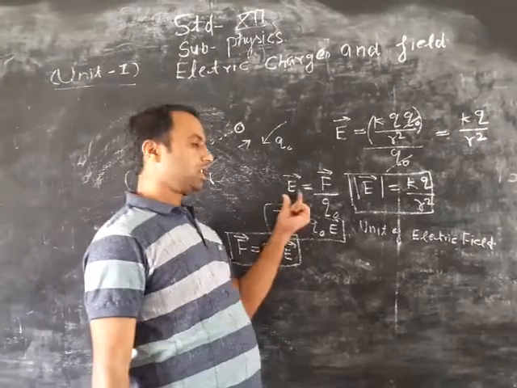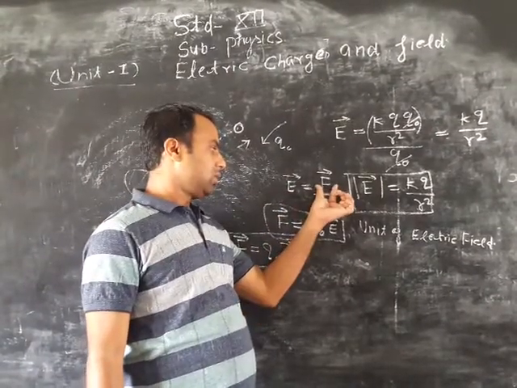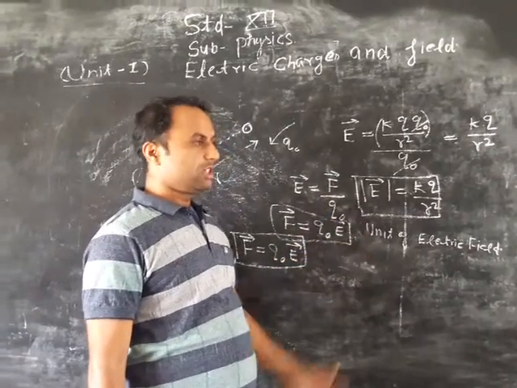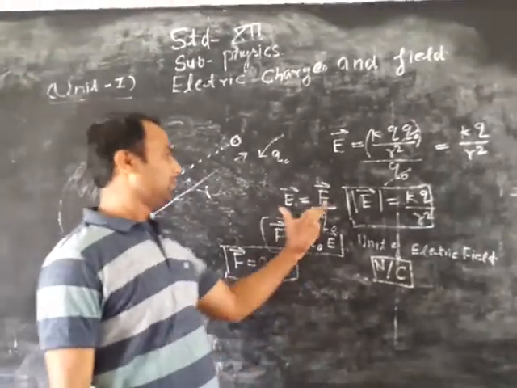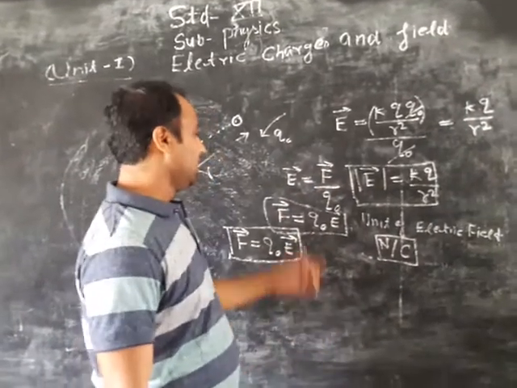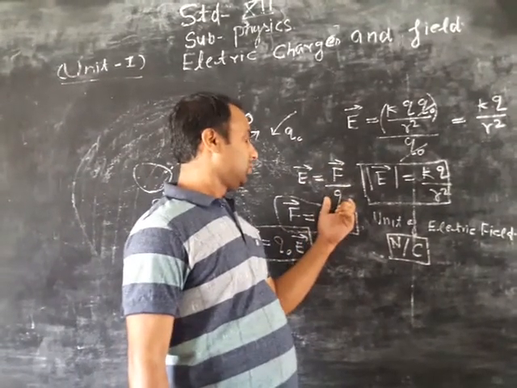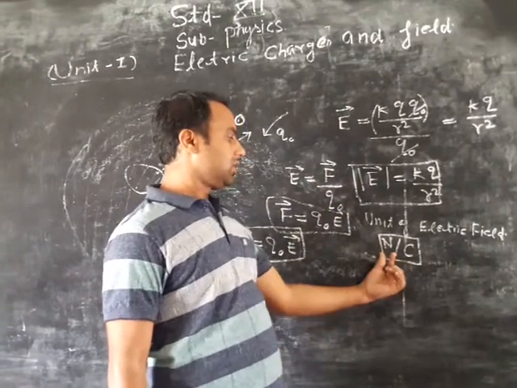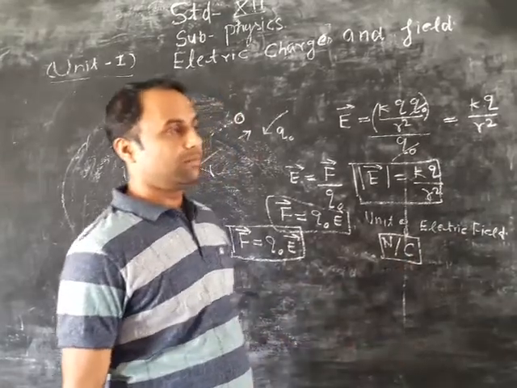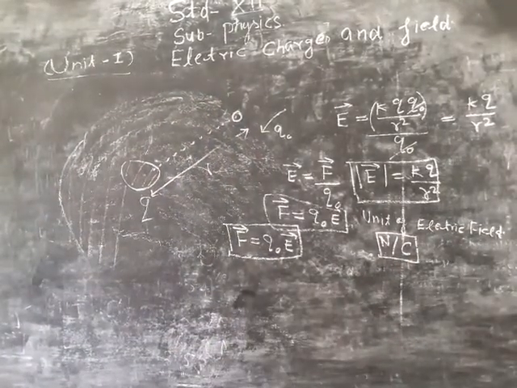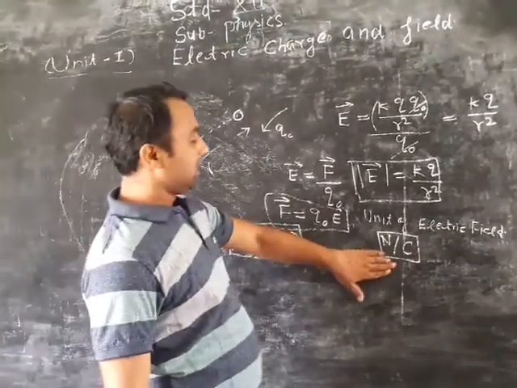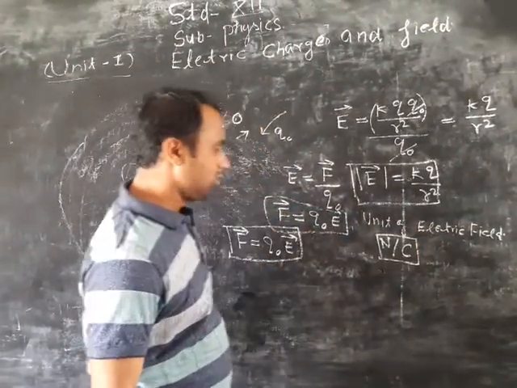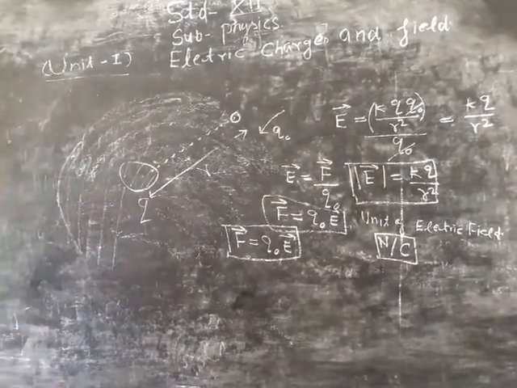The basic formula is vector E is equal to force vector upon Q naught, where force is measured in Newton and charge is measured in Coulomb. It means the basic unit is Newton upon Coulomb. We have to remember the unit of electric field, because in various exams the unit of electric field will be asked. Newton upon Coulomb is the basic unit of electric field.